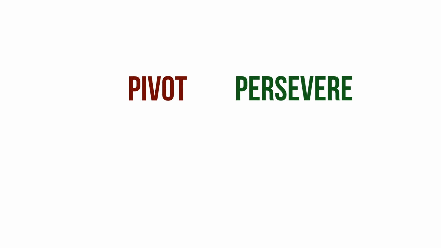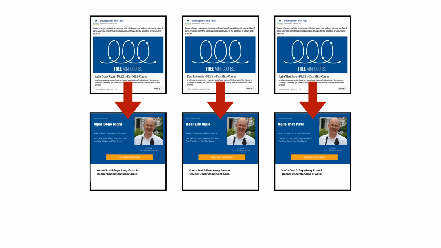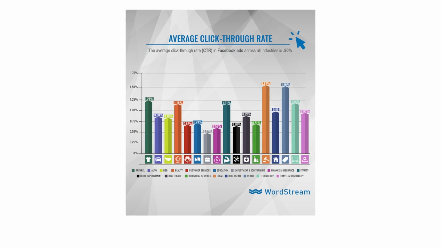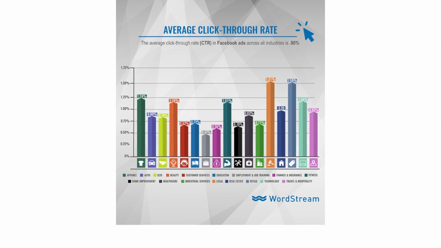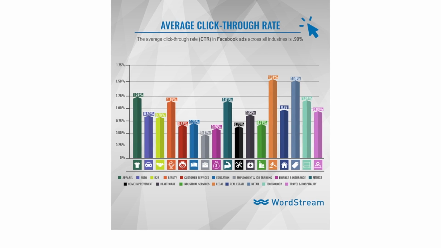And that's why, before looking at the results, it's good to have an idea of what good and bad looks like. Let's start with this metric, the click-through from the ad to the landing page. According to WordStream, the average across all industries is just 0.9%. Now, my targeting for the ads was really quite rudimentary.